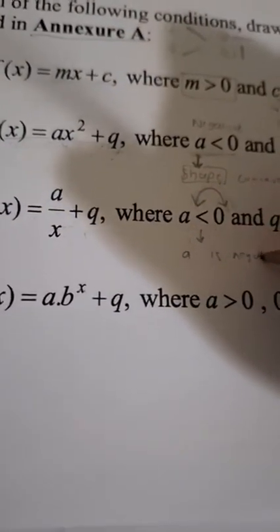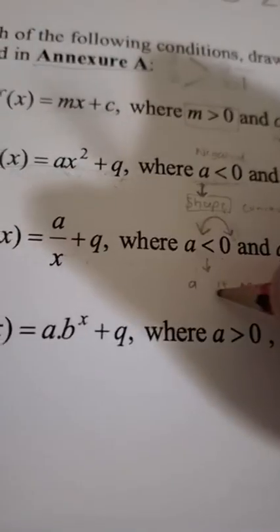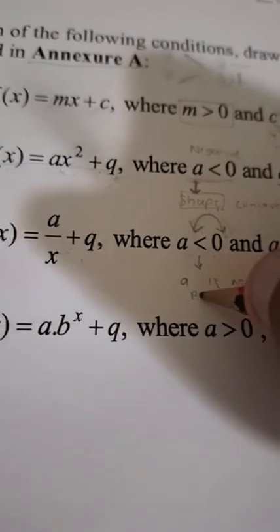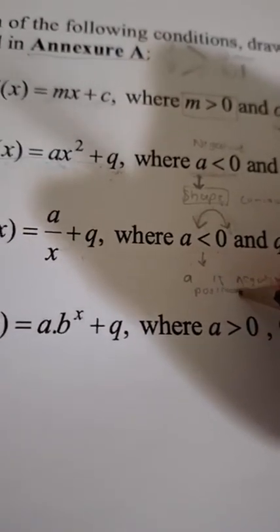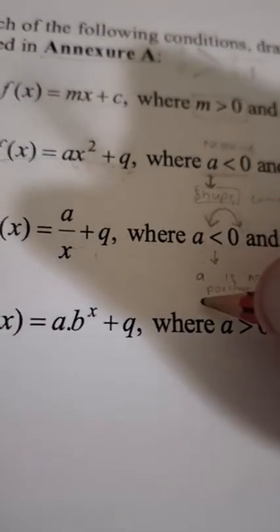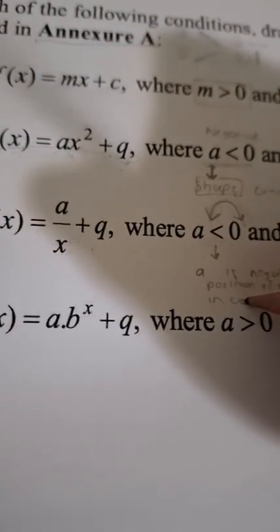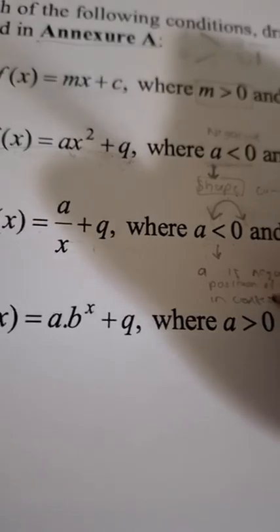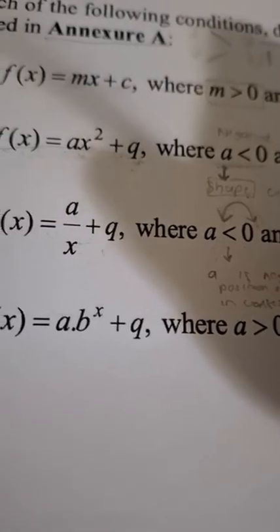Very important. A first and foremost tells us about the position of our arms on the Cartesian plane.